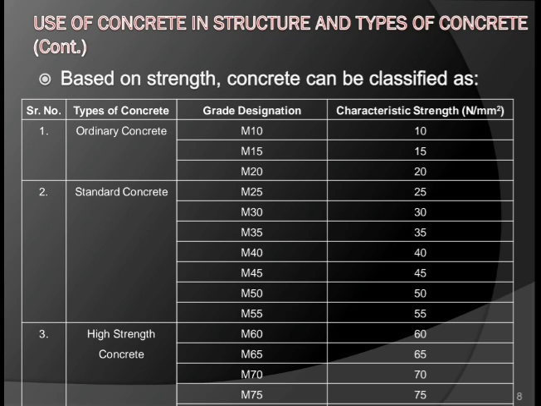Higher grade concrete is used in mass construction like bridge, dam, high rise building. Its strength or load is very high and mass concreting work is required, right? So there are three types: ordinary, standard, high strength concrete based on strength.